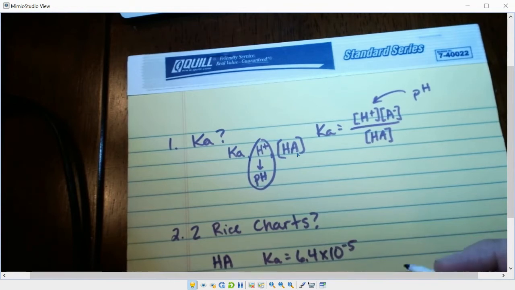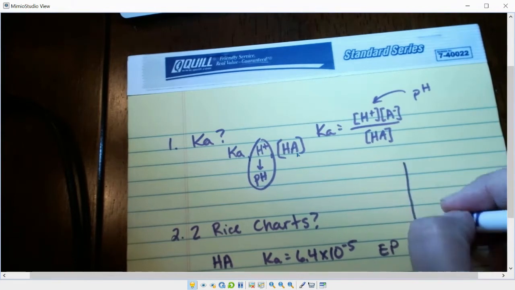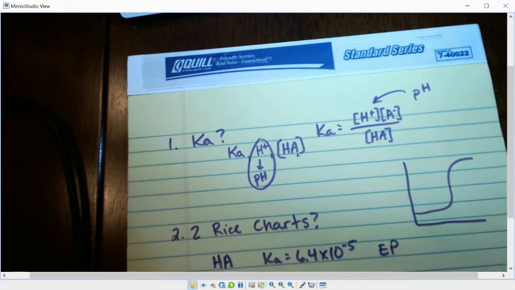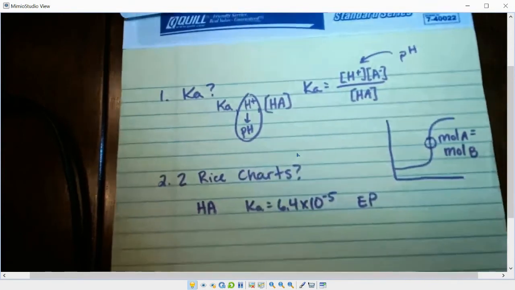It tells us that the equivalence point happens, and we talked about this. The equivalence point is, if we're doing kind of a generic titration, the equivalence point happens right here, and this is where moles of acid is equal to moles of base that was added during the titration.